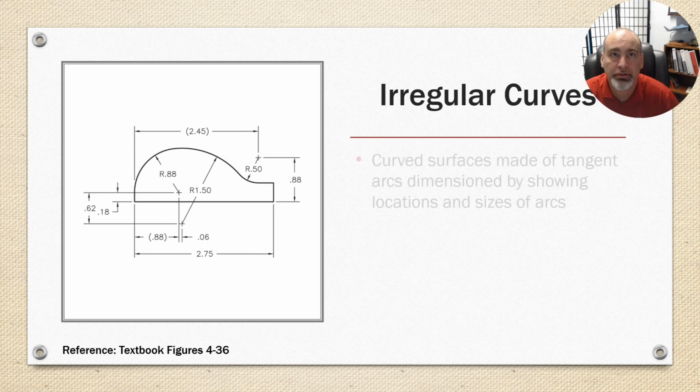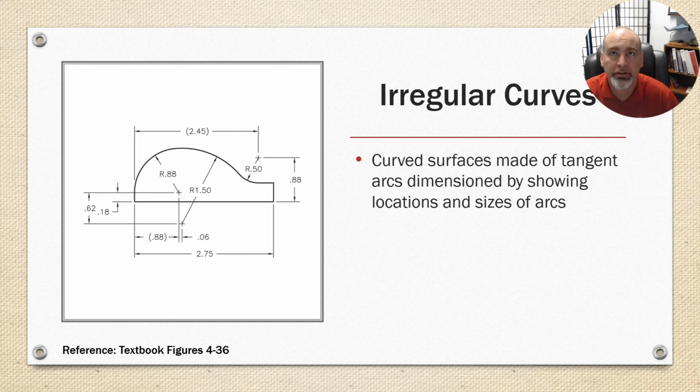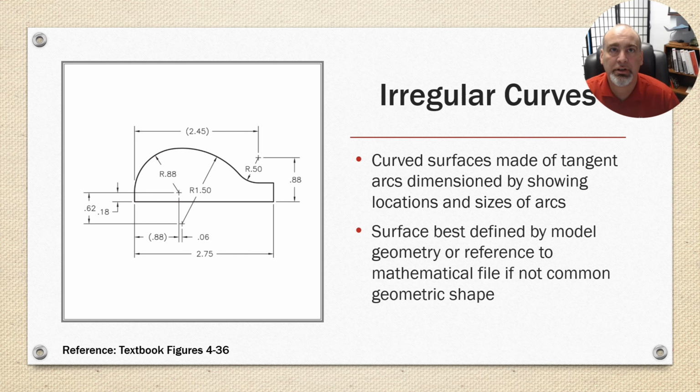Irregular curves. These are curved surfaces made of tangent arcs, dimensioned by showing locations and sizes of arcs. The surface is best defined by model geometry or a reference to a mathematical file, if not a common geometric shape.